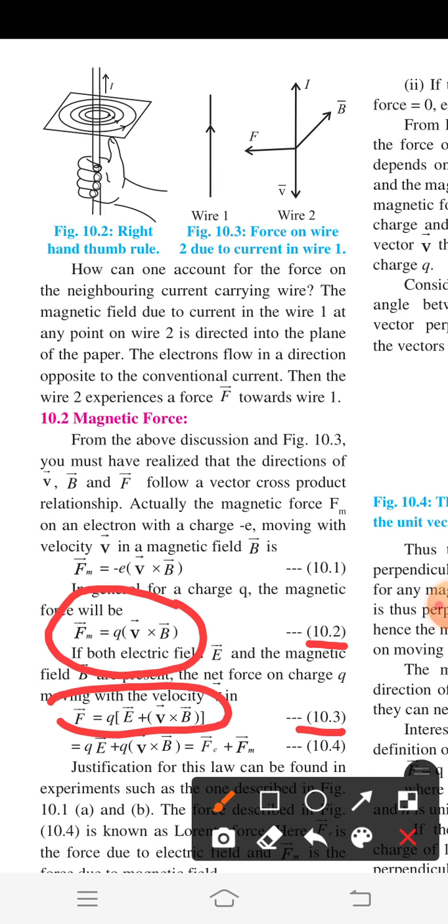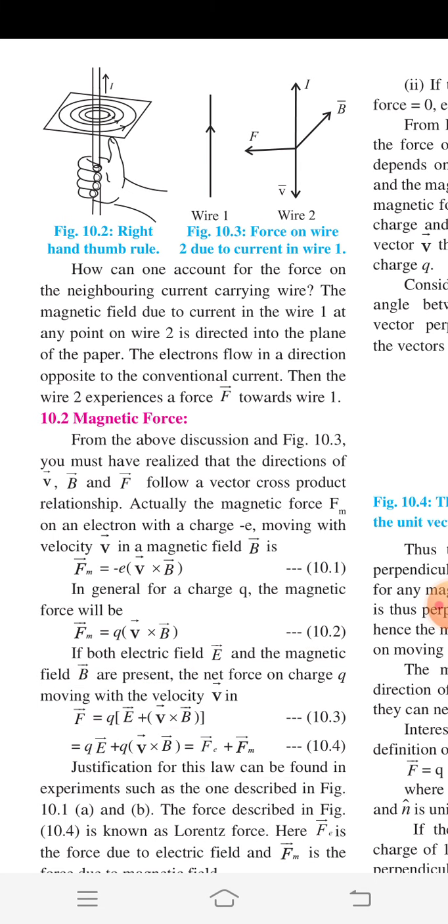Therefore, F bar is equal to q E bar plus q into v bar cross B bar, which is also equal to Fe bar plus Fm bar, where q into E bar is the electric force Fe bar and q into v bar cross B bar is the magnetic force Fm bar. Equation number 10.4.